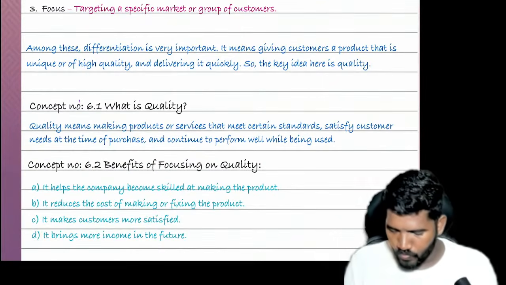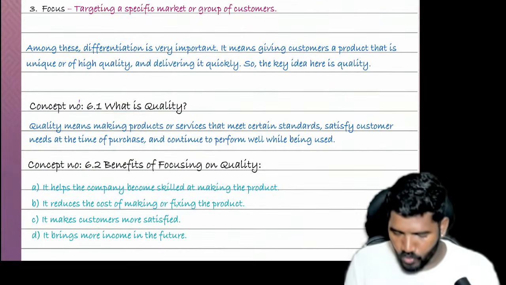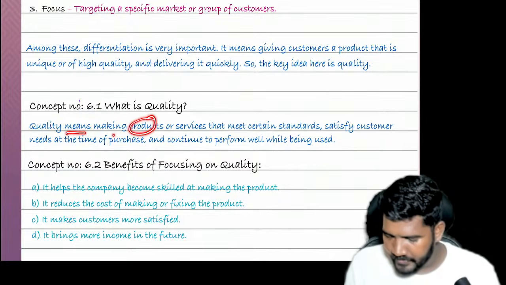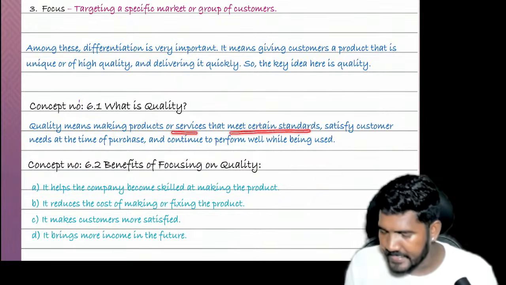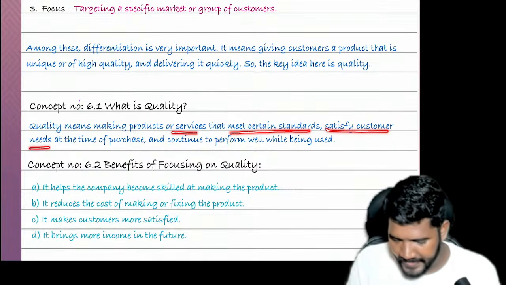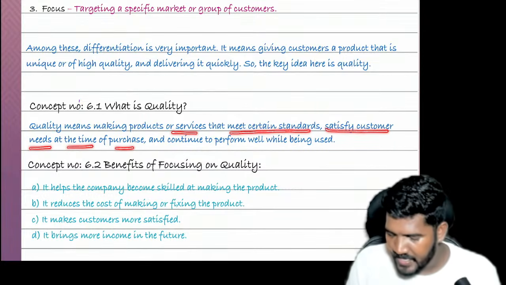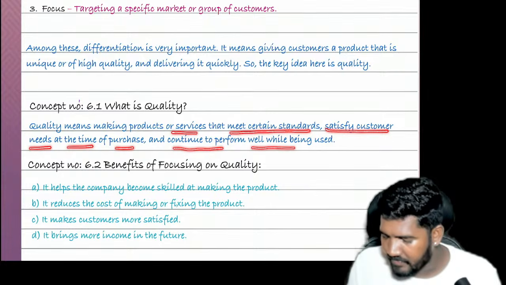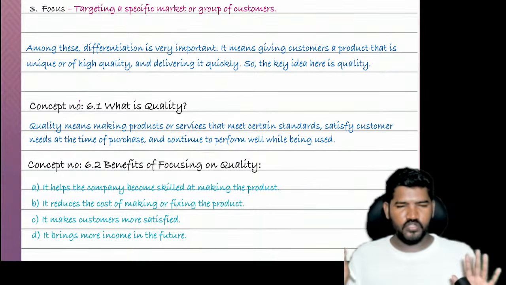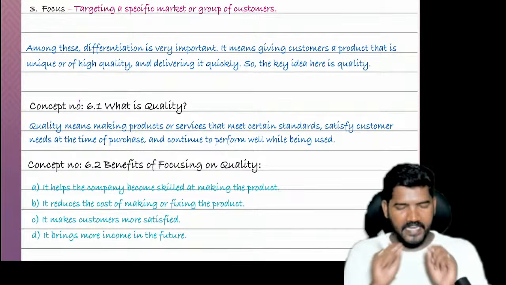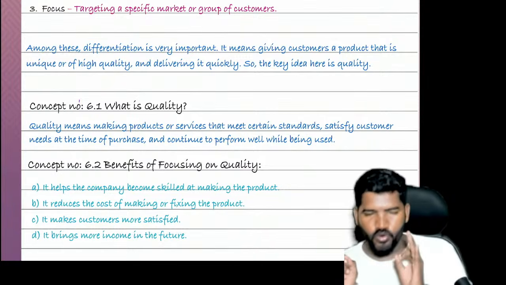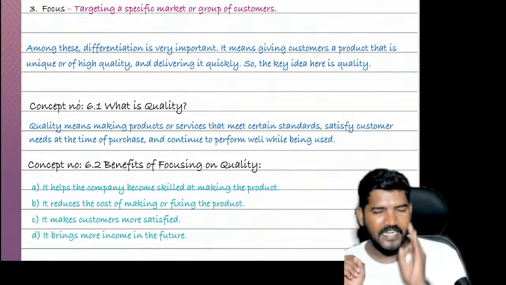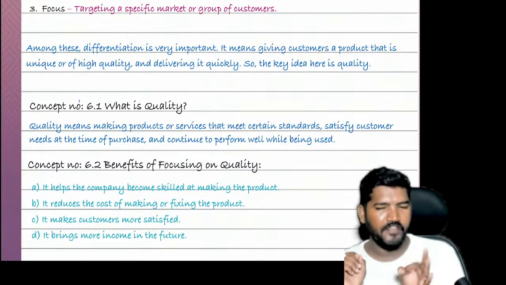Now let us check what quality is. Quality means making a product or a service that meets certain standards, satisfying customer needs at the time of purchase and continuing to perform well while being used. So the word quality means making a product with standard quality, giving satisfaction to the customer, and fulfilling the customer's need.